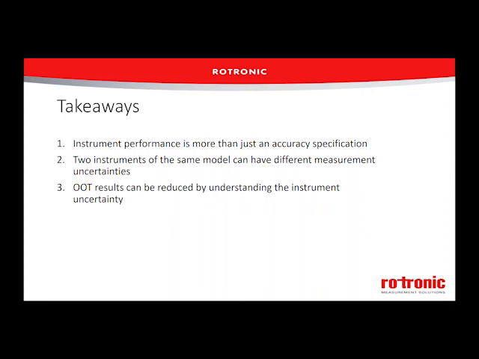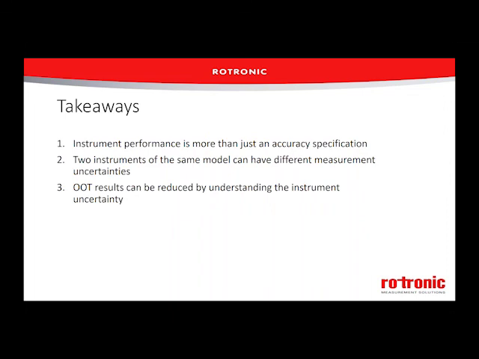One of the key things that hopefully we've gotten across today is that instrument performance is more than just an accuracy specification from a data sheet. Sometimes that will cover the complete uncertainty, but more often than not, there are other components that you need to take into account when looking at the total performance of your instrument, especially a year from now, assuming you've got a 1-year calibration interval.